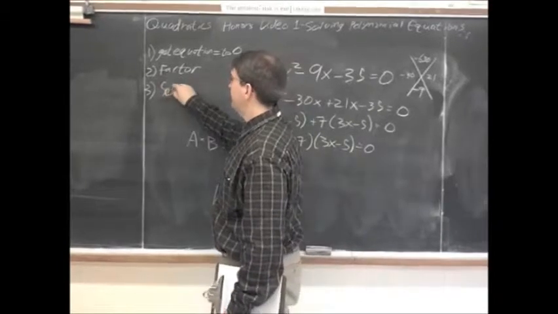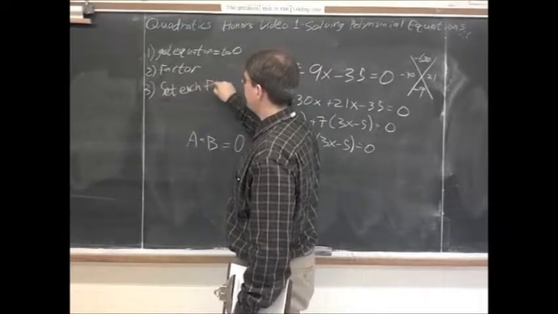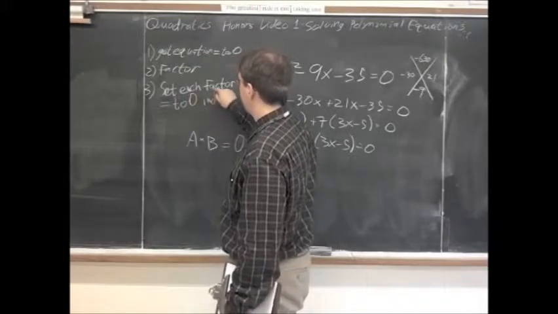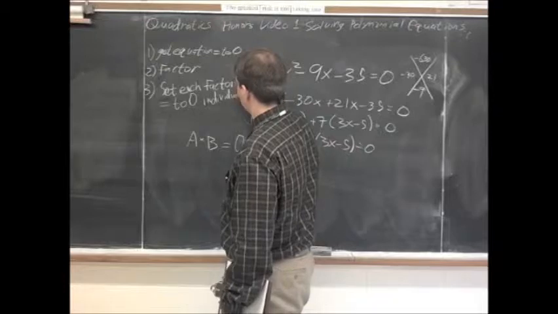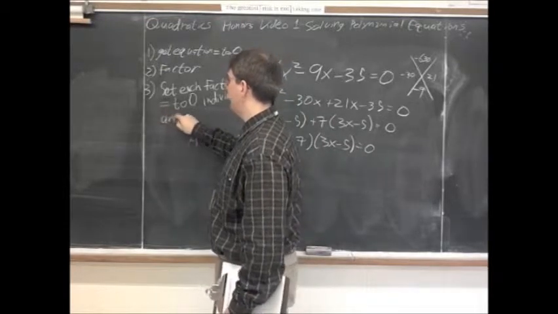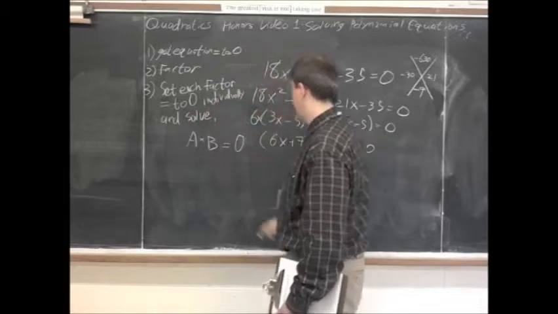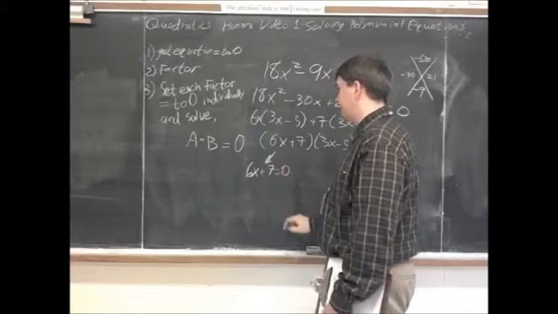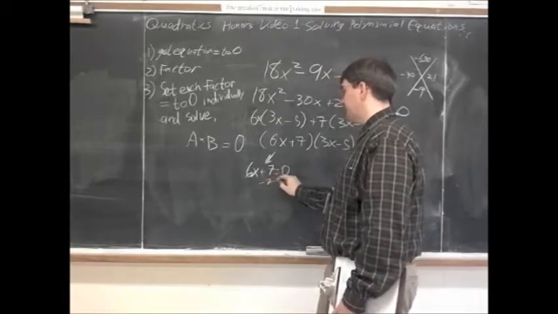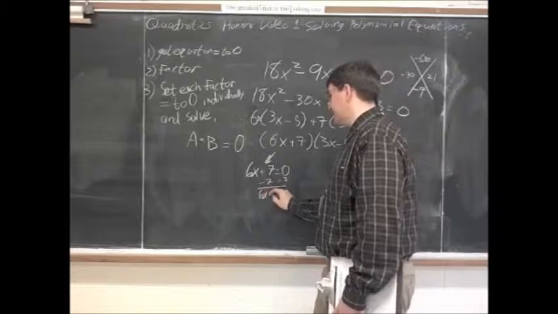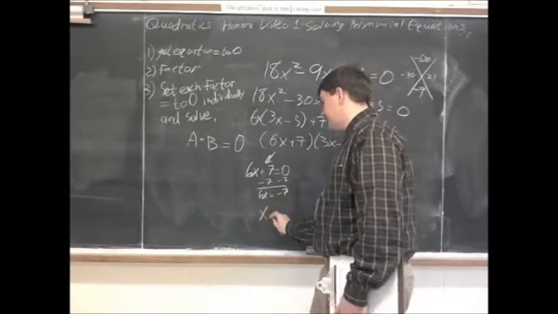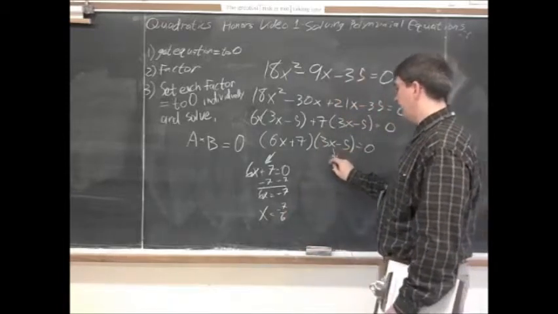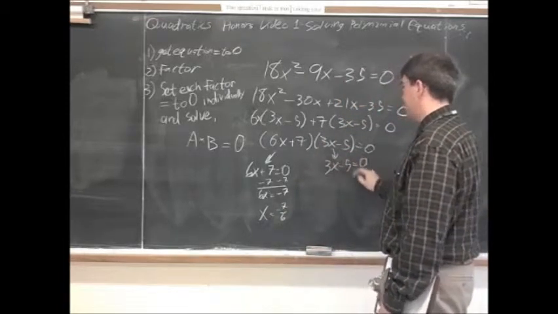So set each factor equal to 0 individually, and then solve. So either 6x plus 7 equals 0, which means we can subtract 7 and get 6x equals negative 7, which means x equals negative 7/6, or 3x minus 5 equals 0.